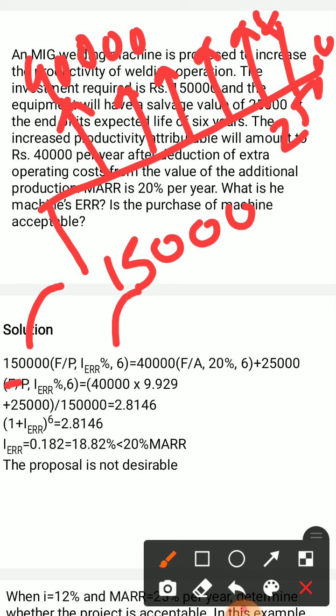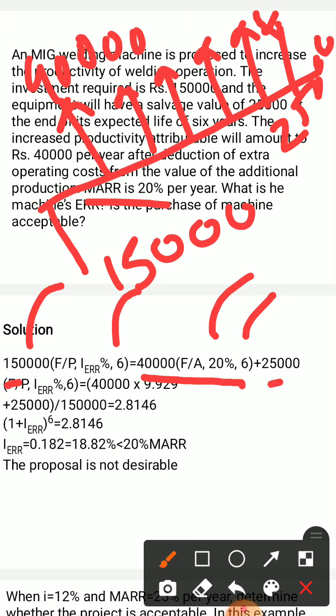So this is similar to our previously discussed project condition. Now here this 40,000 is a uniform series compound amount for the 6th year with some MIRR value of 20%.